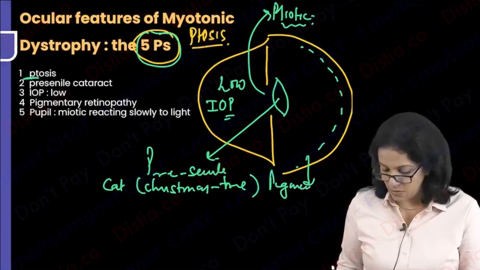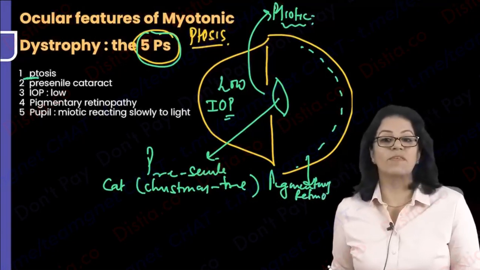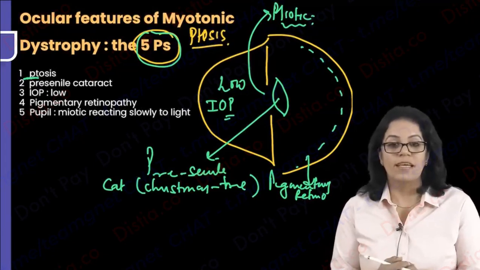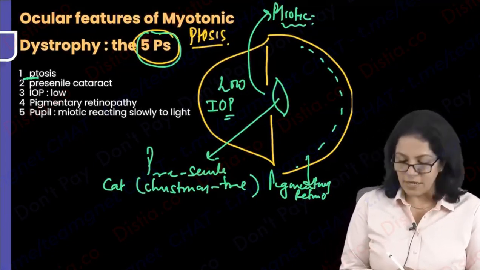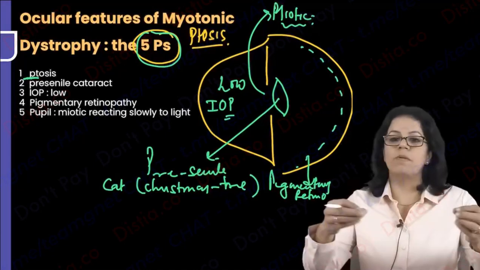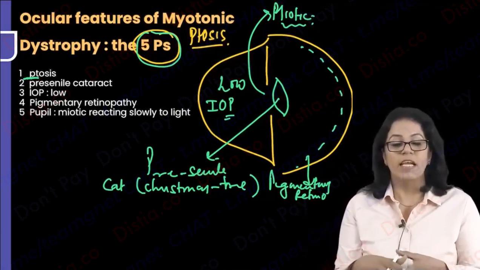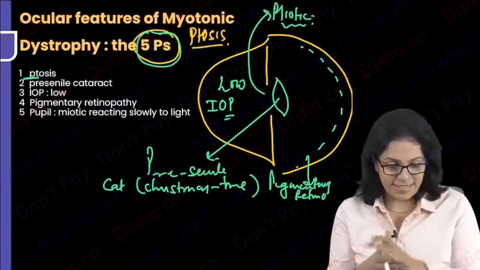Pigmentary retinopathy is also called salt and pepper fundus. Okay, we are going to learn it in the DD of salt and pepper later on when I am taking congenital cataract. So salt and pepper fundus means nothing. When you are looking at the fundus, it feels as if black pepper is all around, which is nothing but pigmentary disturbance. Right? So this is pigmentary retinopathy or salt and pepper fundus.